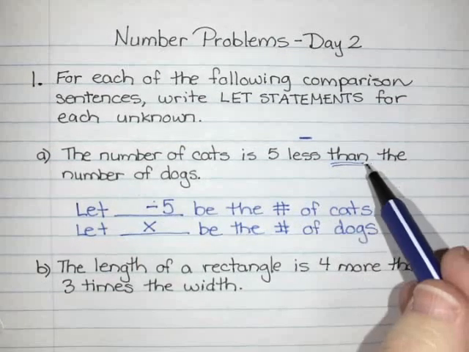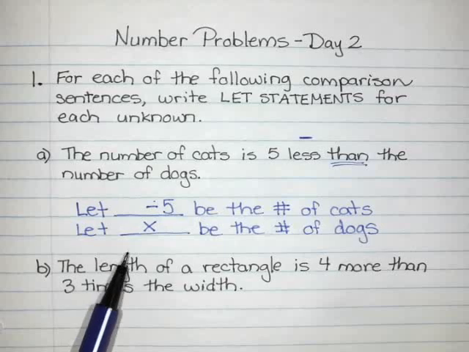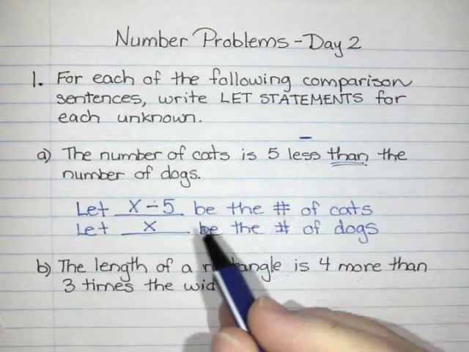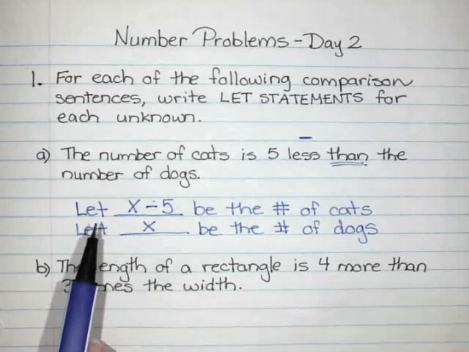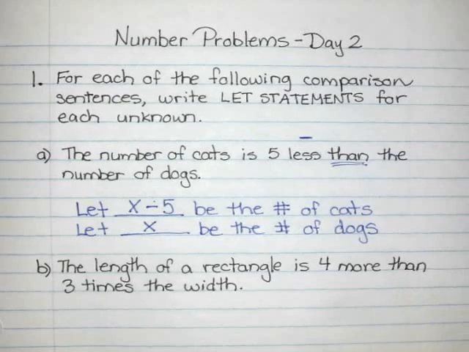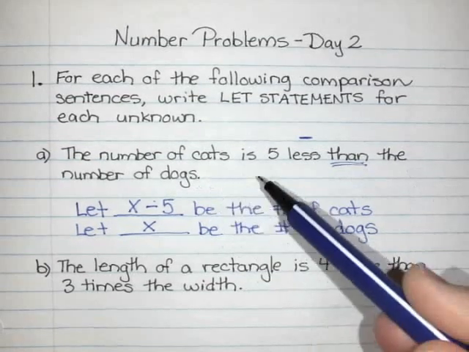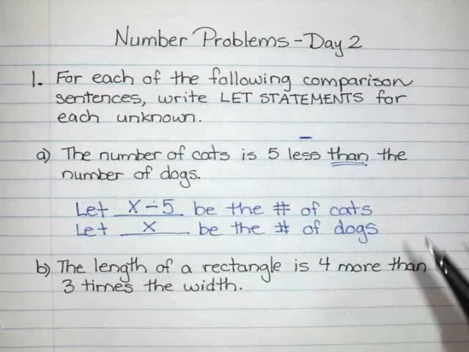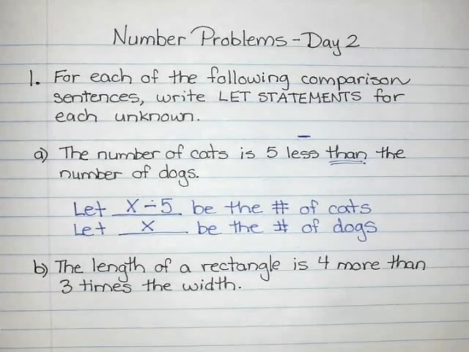So it's 5 less than the number of dogs. Well, the number of dogs is X. So it's going to be X, the number of dogs, minus 5. So I'm going to let X minus 5 be the number of cats and let X be the number of dogs. And then from here, there would normally be more to the word problem and then we could solve it, but this is just one single comparison sentence.